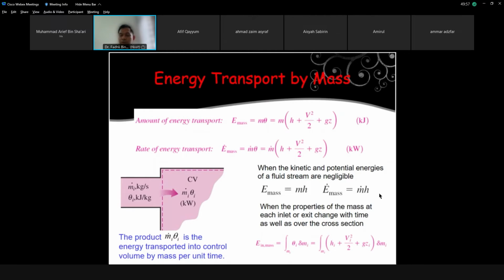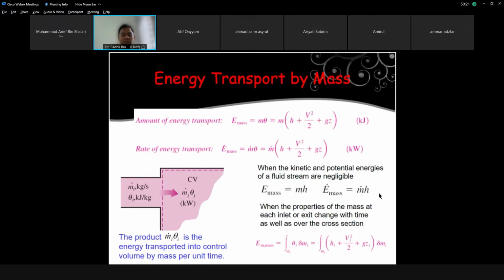And then of course they have a distance, kan? Distance, jarak. So if we have force and distance, of course, they have an energy, a work. So that's why for open system, we need to consider another energy, which is called energy transported by mass.